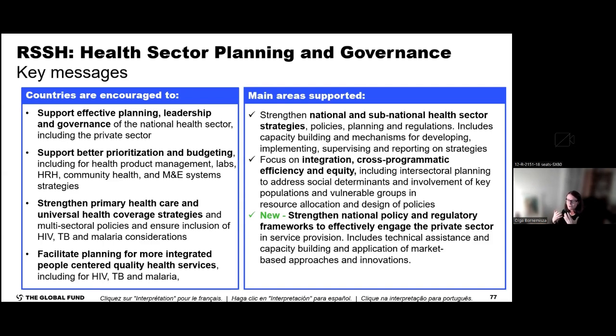We also want to encourage you to strengthen and take part in discussions on primary health care and universal health coverage strategies, and in particular to make sure that HIV, TB, and malaria considerations are taken into account in those plans with a lens of sustainability. And finally, coming back to more integrated people-centered quality health services, we would like to facilitate planning for this within these different types of strategies. So if there's a need for it, it is eligible for Global Fund funding. Next slide, please.